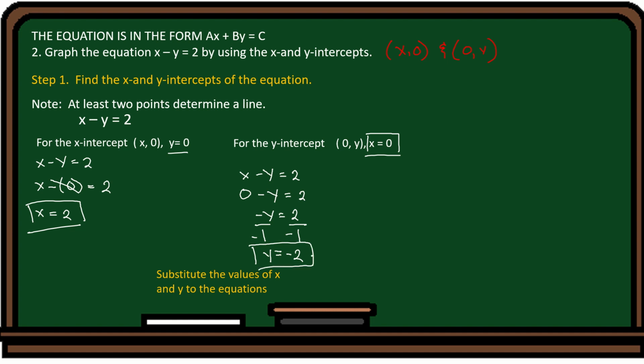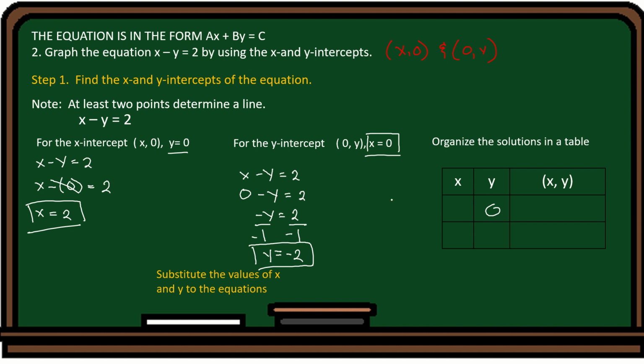After solving for your x and y intercept, we will organize the solution in a table so that you can easily plot these 2 points. If your y is 0, your x is 2.